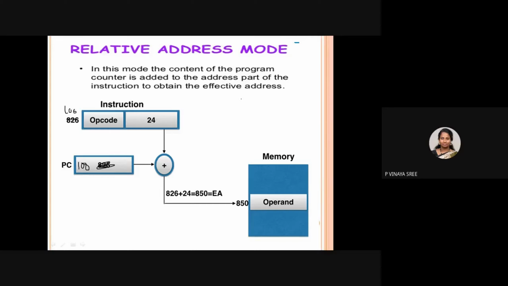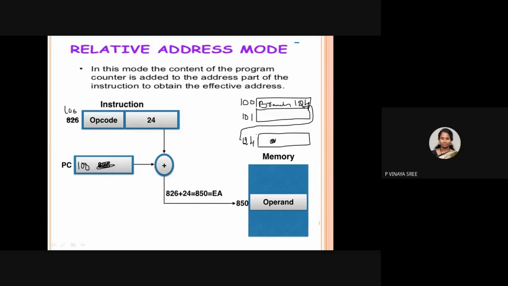Let us consider there is an instruction called branch, to a particular address called 124. Means what? The next immediate instruction will not be executed. It has to branch to that particular address 124 and execute the instruction present there.